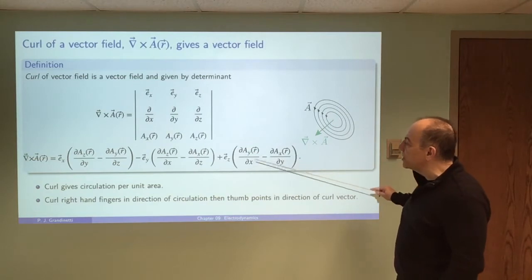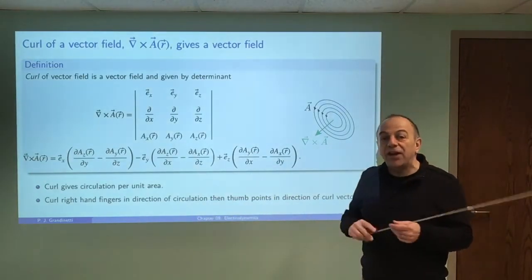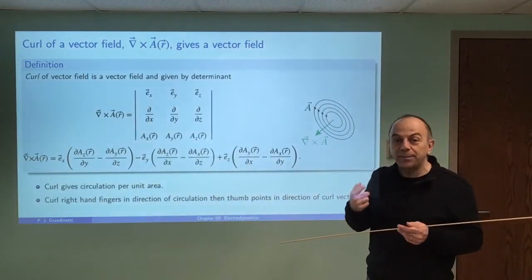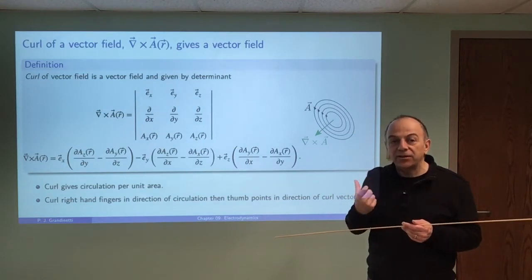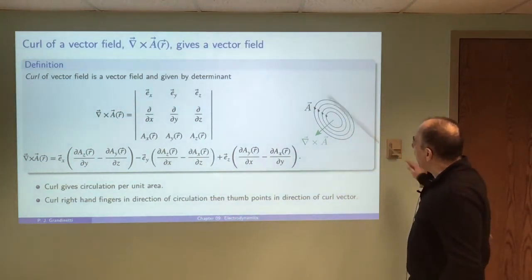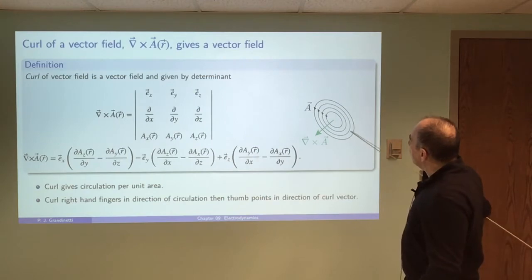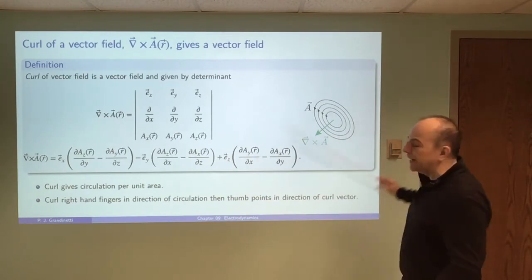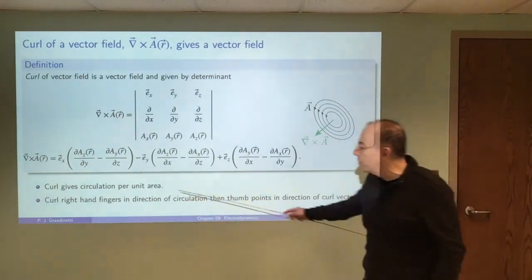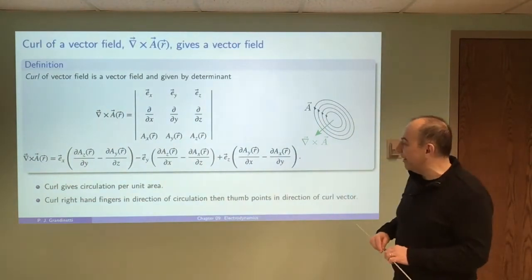And what this operation does is it gives you back a vector quantity at each point in space, but the size of that vector quantity tells you about how the vector field is circulating about that point in space. It gives you the circulation per unit area.